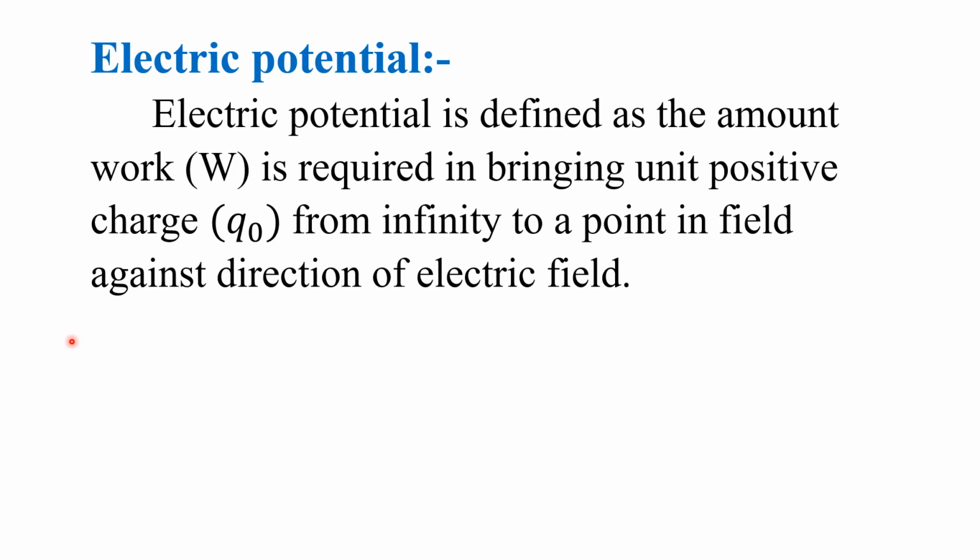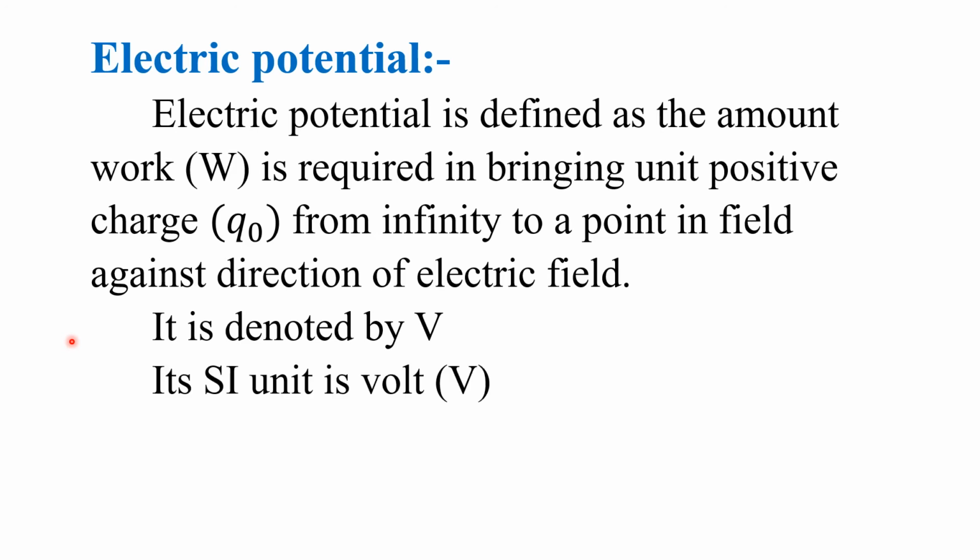Then the amount of work required in bringing a unit positive charge from infinity to a point in the field against the direction of the electric field is denoted by the letter V. Its SI unit is the volt and the formula can be written as V is equal to W upon q0.